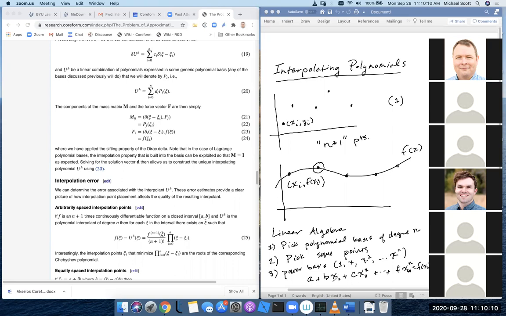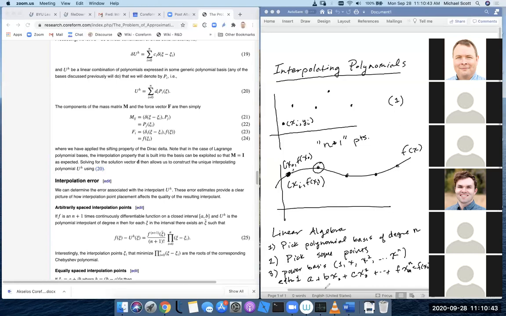Do you see what's happening here? I'm going to pick an arbitrary polynomial out of this space with arbitrary coefficients. At x naught, say this is our x0 and f at x0 is the point right here, we want the polynomial that we pick to be equal to f of x naught. So this gives us equation number 1.